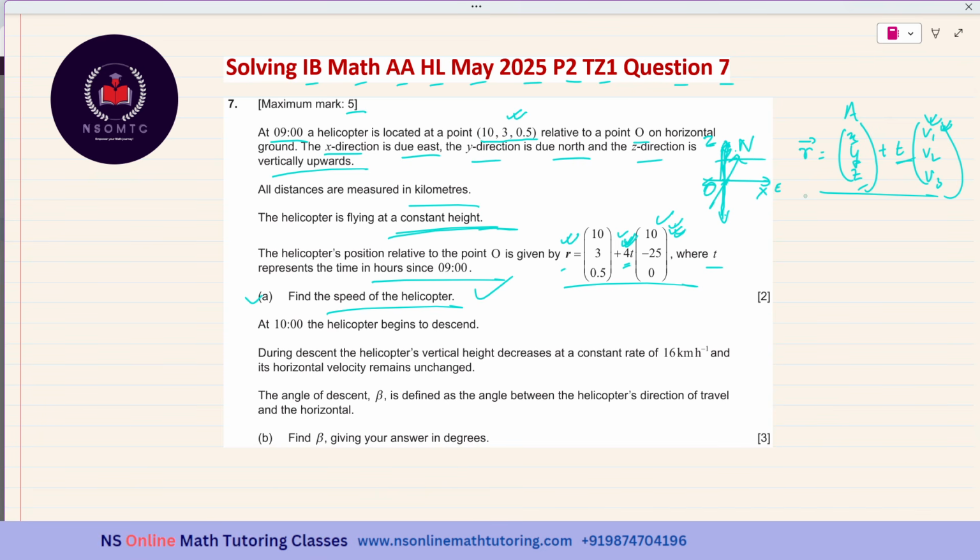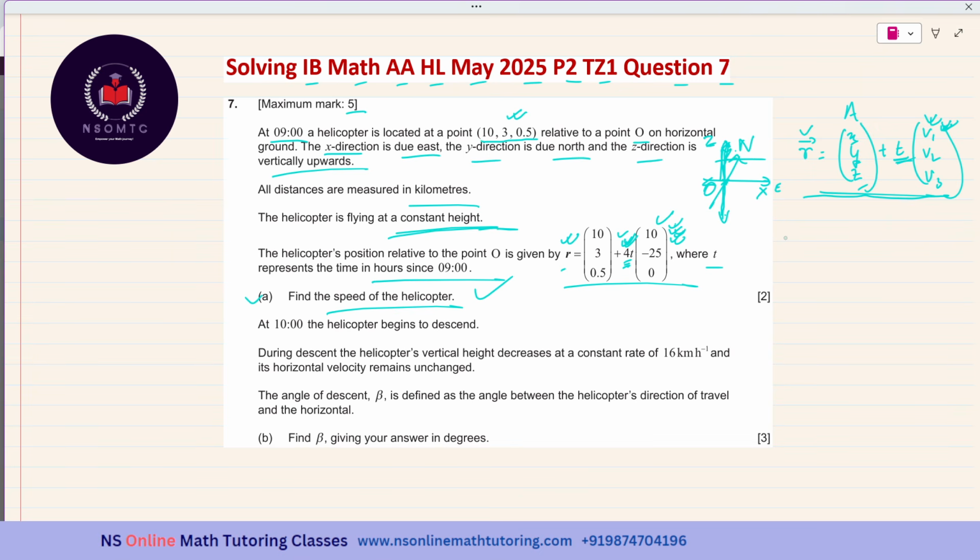This is the relation of the position vector of any object moving with a constant velocity, and over here t is the time. But this t has changed to 4t. That implies that the constant velocity is not just this one. This part is getting multiplied with 4. And it is worth 2 marks.